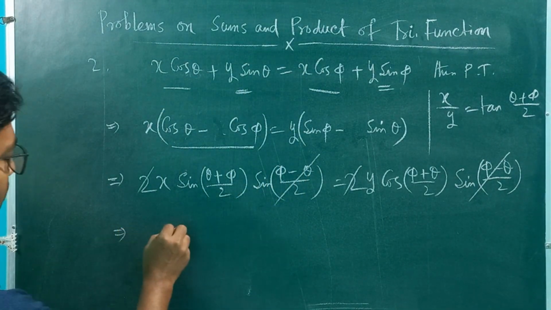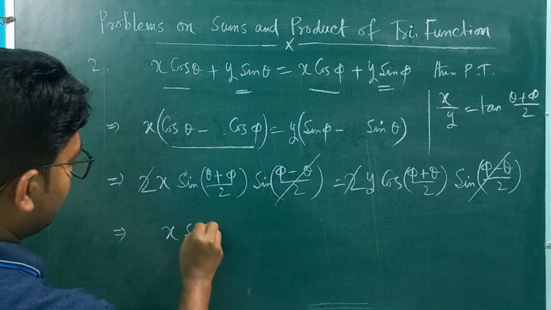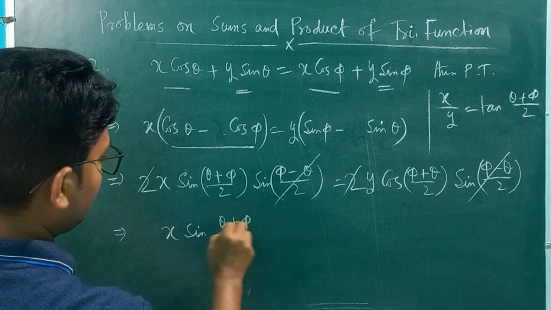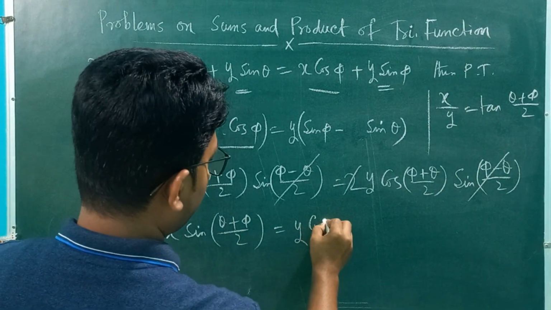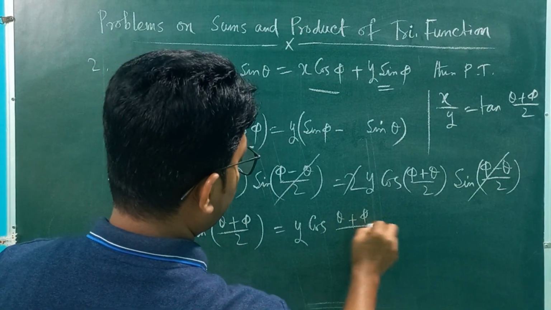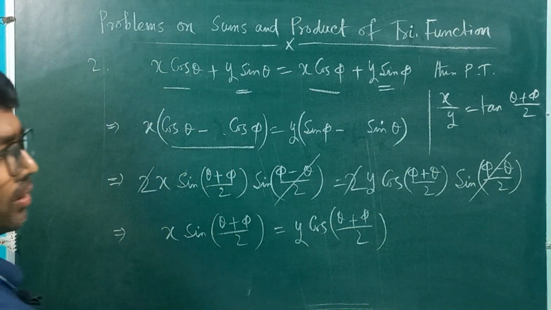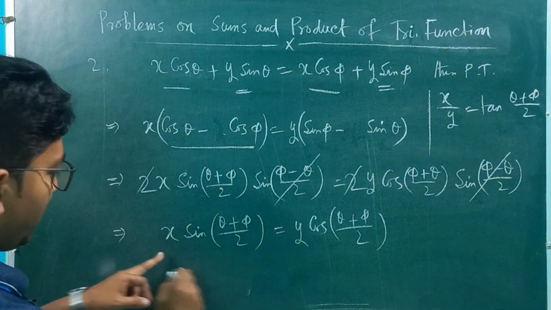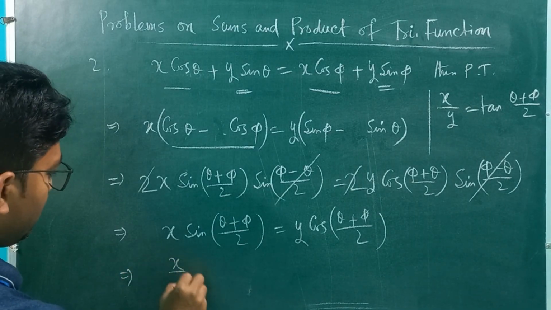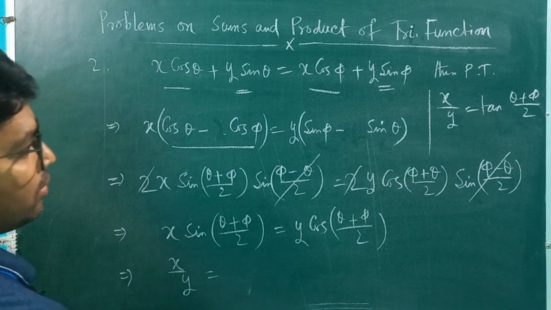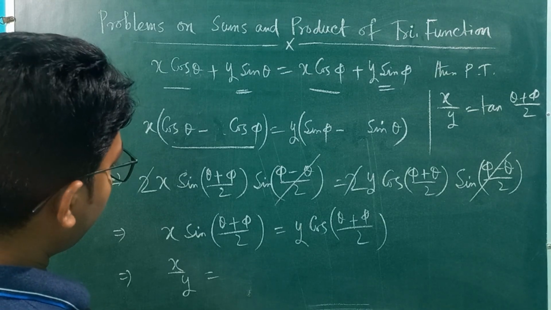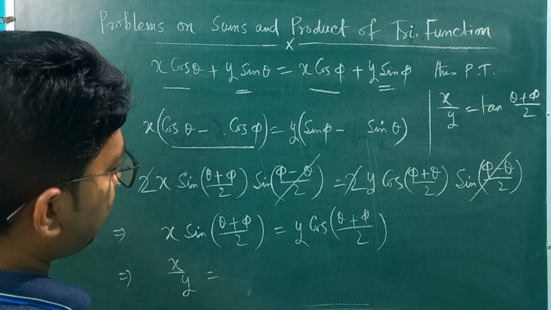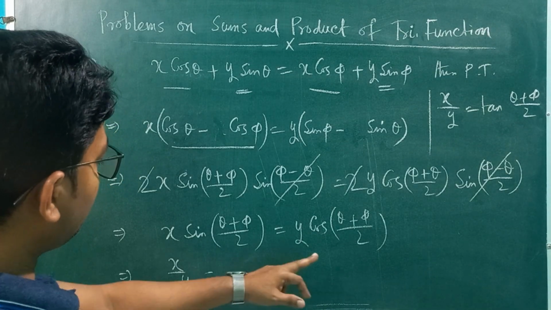So only the terms sin (theta plus phi)/2 equal to y cos (theta plus phi)/2 remain. So if you take x by y, this one is cos by sin.